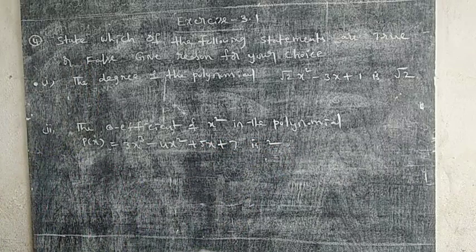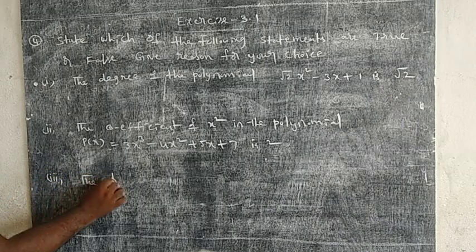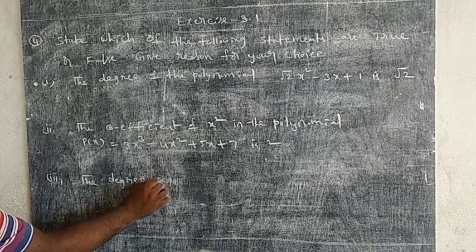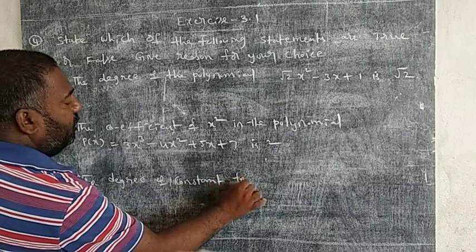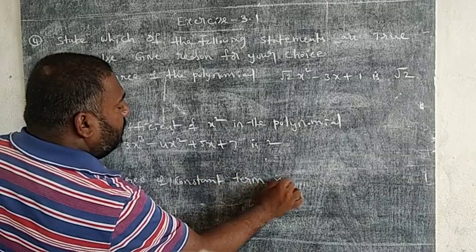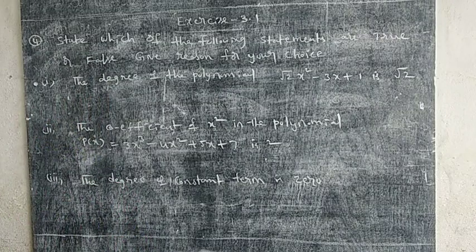Then, third, the degree of a constant term is 0. Then the fourth one: 1 by x square minus 5x plus 6 is a quadratic polynomial.